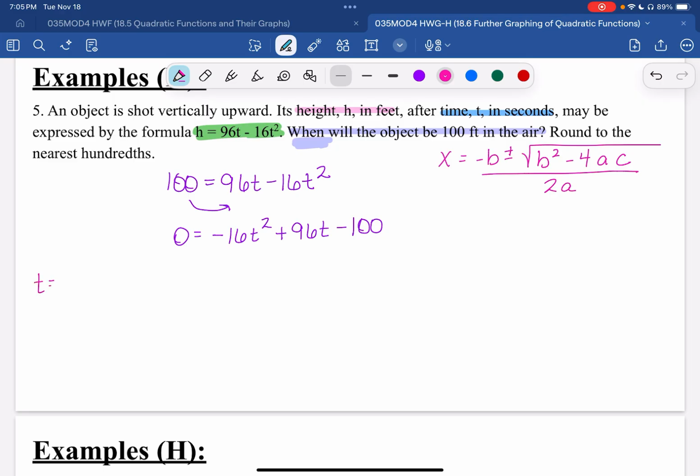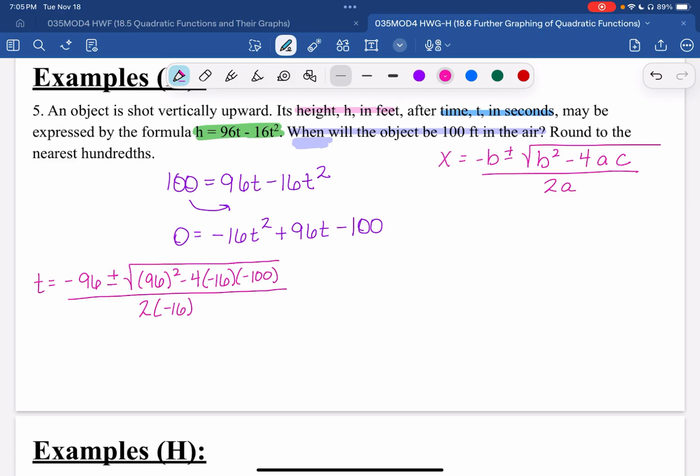So t equals negative b. So b is 96, so negative 96 plus or minus the square root b squared minus 4 times a times c all over 2 times a.